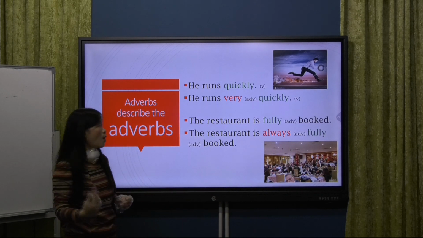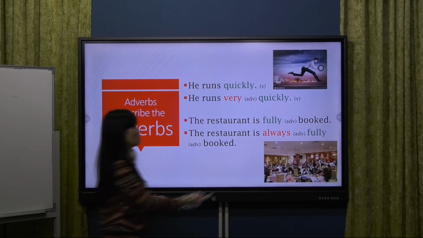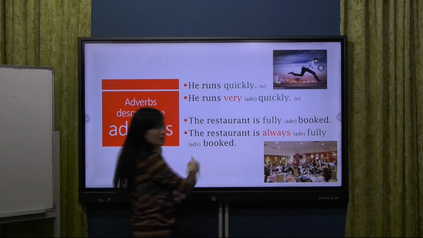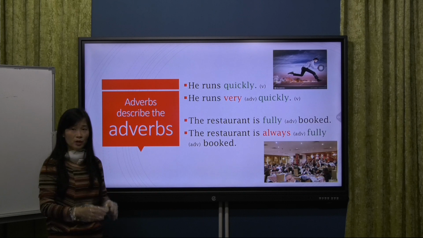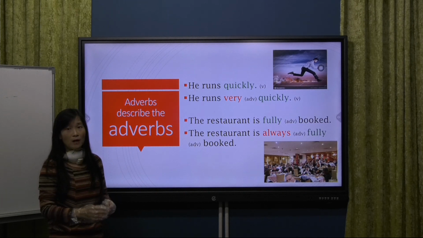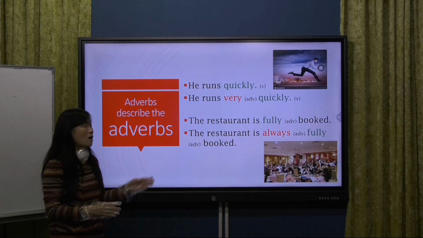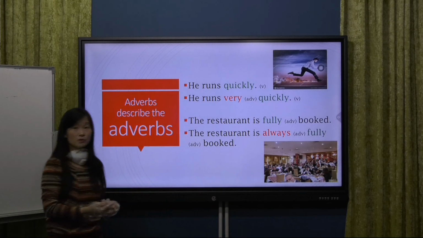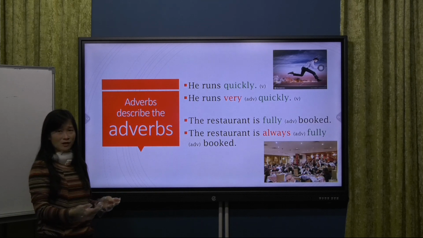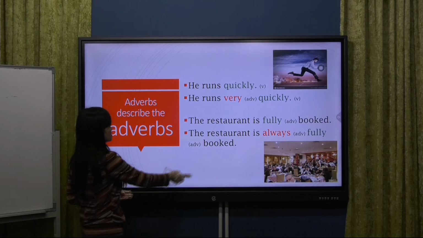So, fully an ADV and always another ADV is not just fully booked today, but every day. So here we have two ADV. So this is very interesting why we have two ADV together in English, in a sentence.